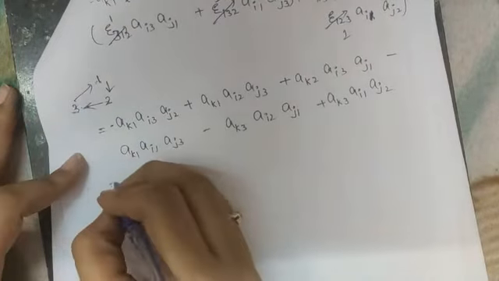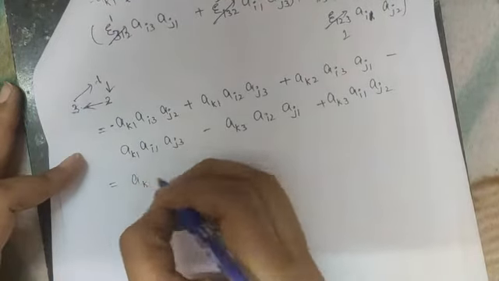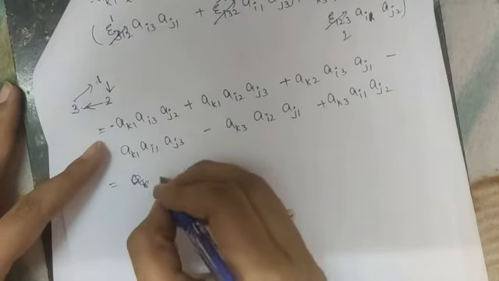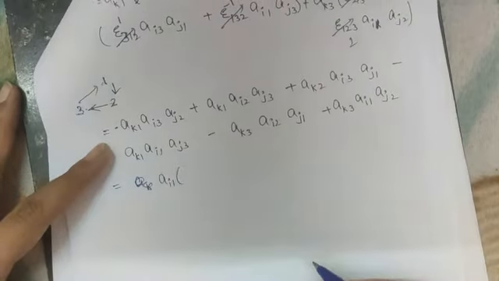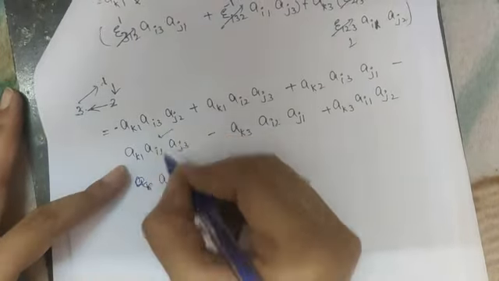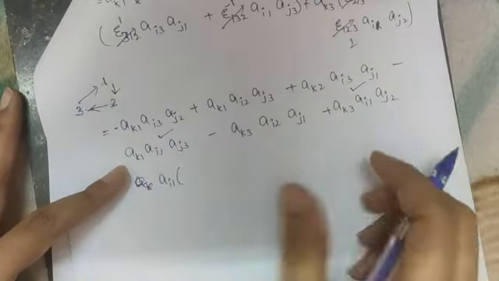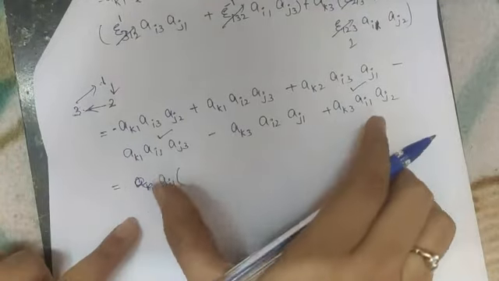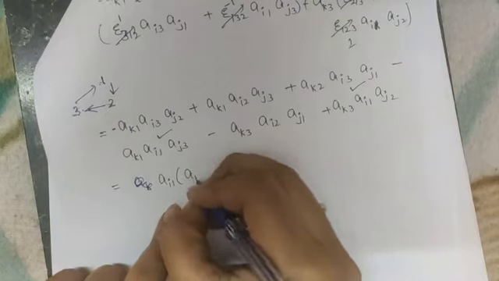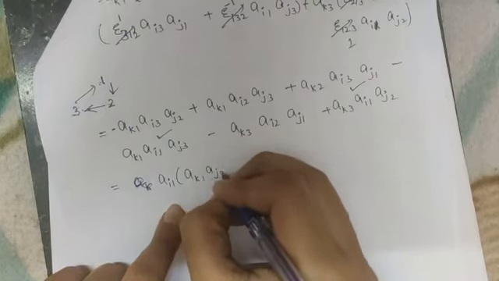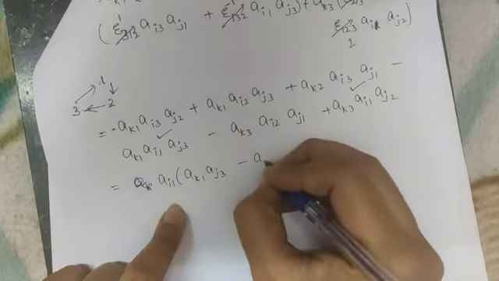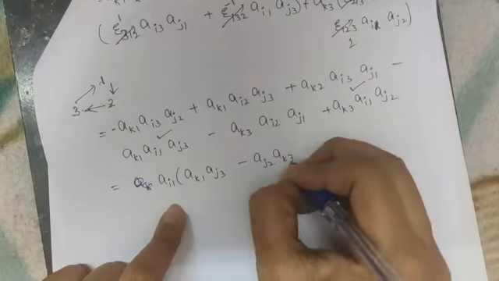So again I can rewrite this; I will take AI1 as common. Here I have AI1 and here I have AI1. From these two, if I take AI1 as common, I will get AK1 AJ3 minus AJ2 AK3.